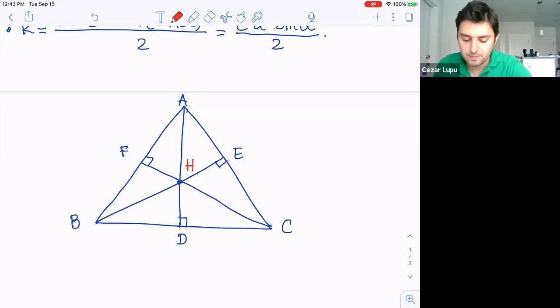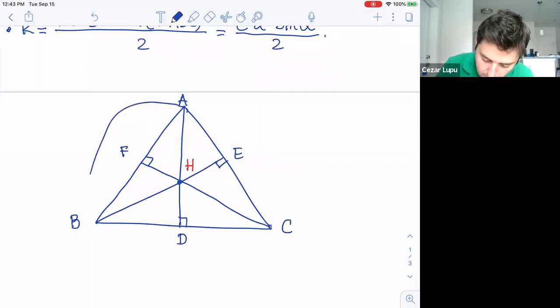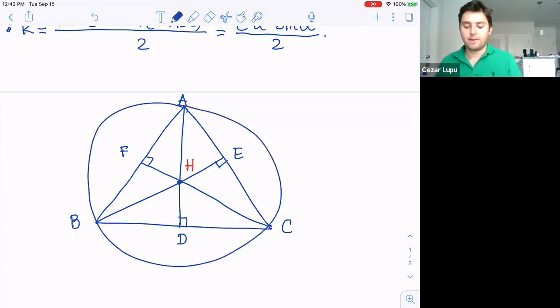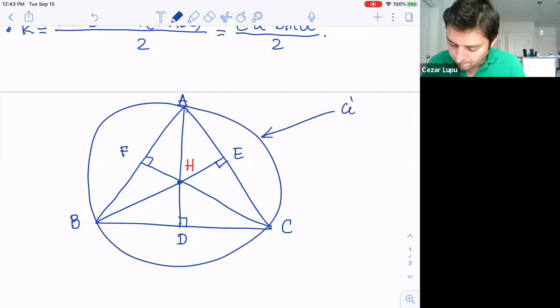But also I can draw something else here. I can draw the circumcircle. Imagine that this is the circumcircle of the triangle ABC.